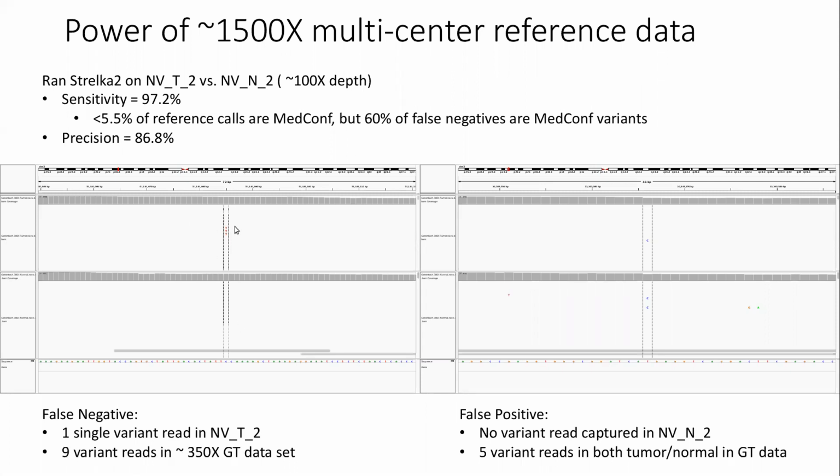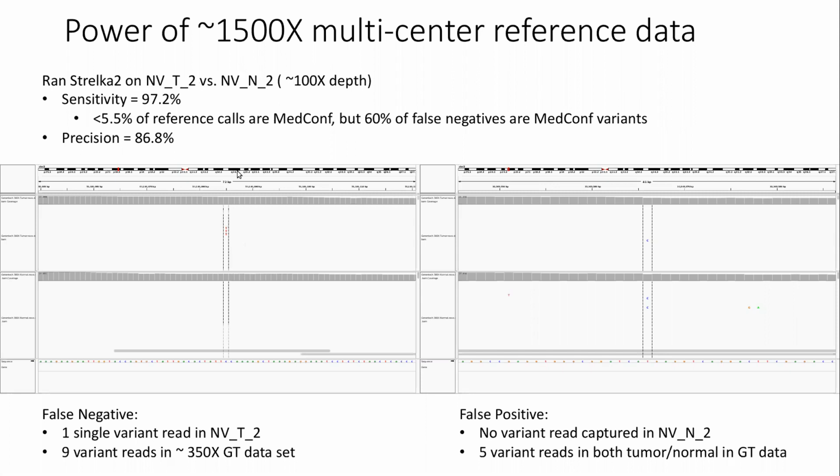And because we have used 21 sequencing replicates plus this data set, we have put this variant into the reference call set. But in this particular data set, this replicate, even though it's 100x, there's only one variant read. So there was just not enough signal to call that mutation in any single data set.